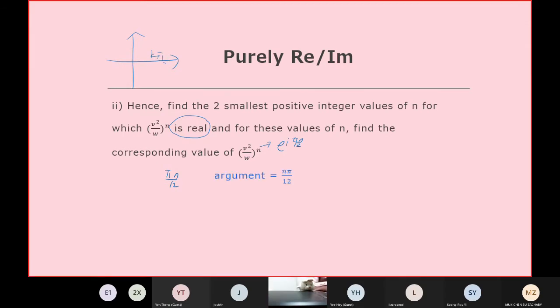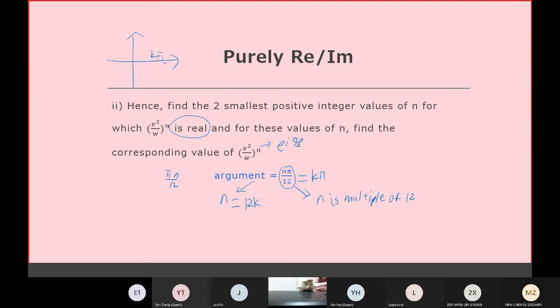So argument n pi over 12 equals k pi. There are two ways to do it. Either you go through the denominator way and figure out that n equals 12k, or you multiply both sides by 12 over pi. So k pi times 12 over pi equals n.